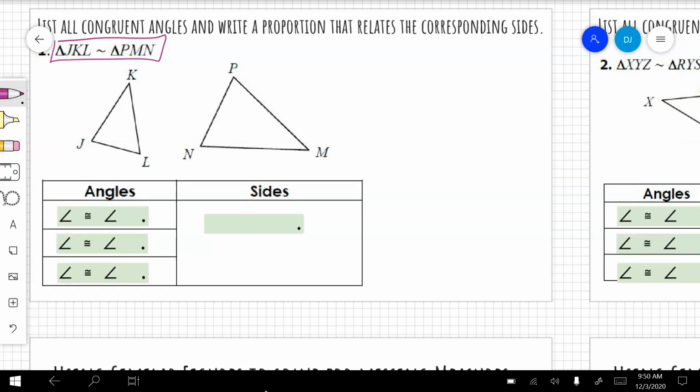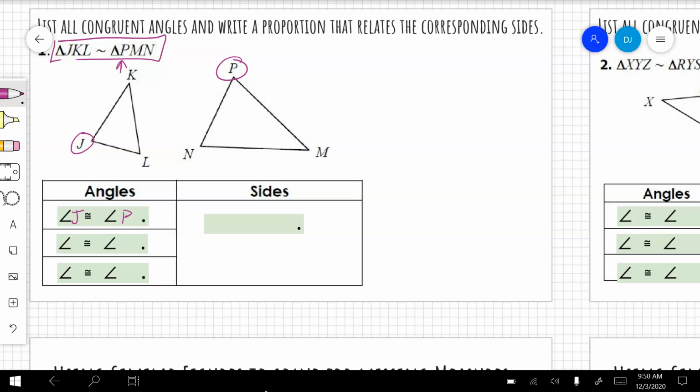It's going to start off with the first angle is congruent to the second angle, or angle J is congruent to angle P. Now notice how the diagrams are totally off and they don't even look the same. So don't look at the diagrams, but look at the actual similarity statements.